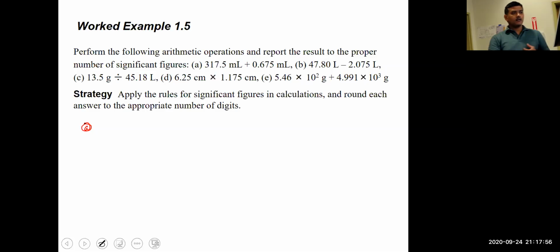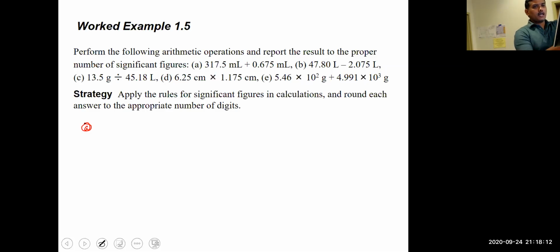Starting with A. The first problem is the addition. Whenever you're doing addition, the rule says that you should pay attention to the least decimal places. Then your answer should be in that many decimal places.